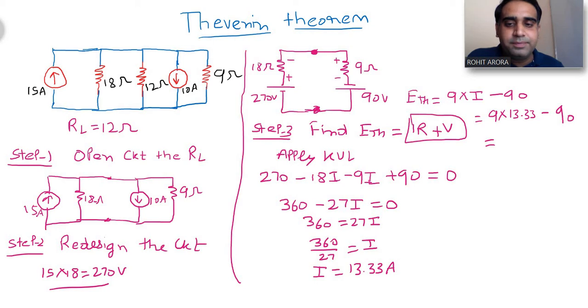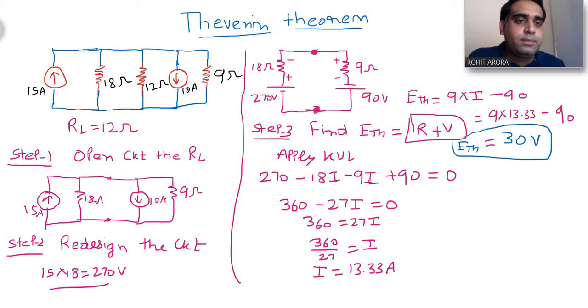How much is it? This is 30 volt. So 30 volt is ETH, correct?